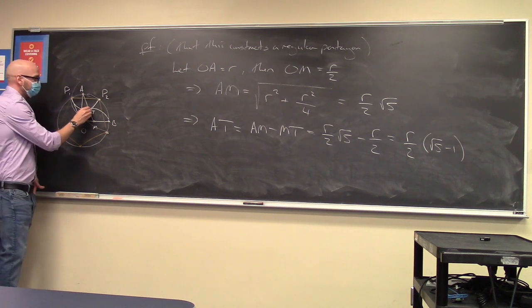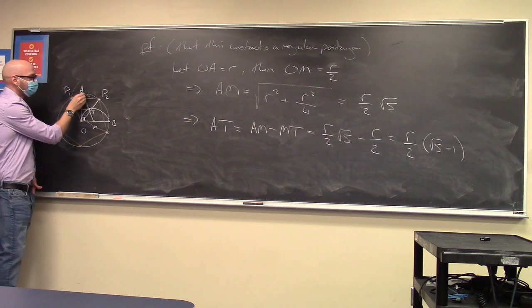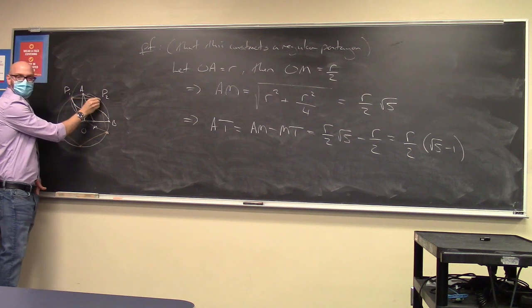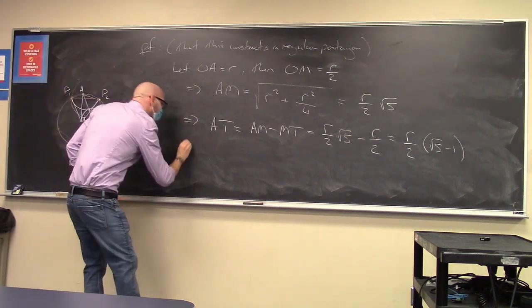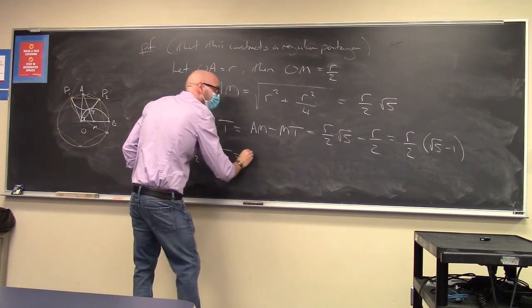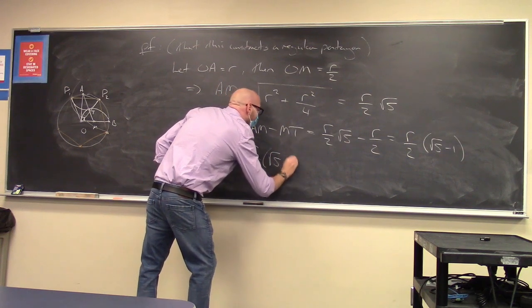And last but not least, AT is just a radius of the same circle as A to say P2, right? So A P2 is AT, so that's R over 2 times the square root of 5 minus 1.